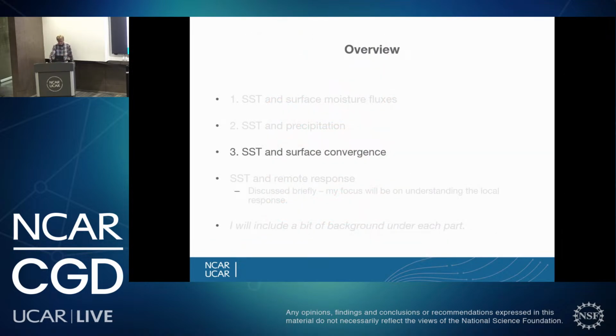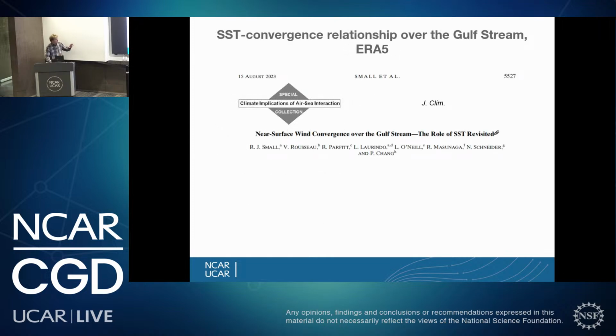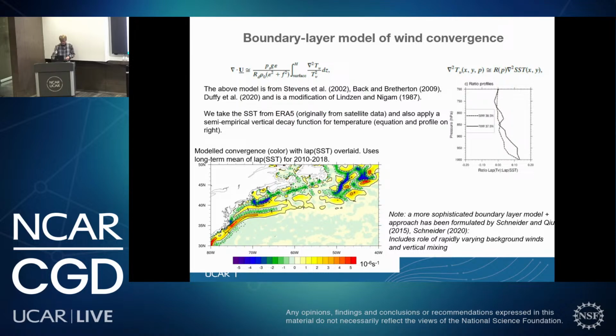And I should now speed up. I'll talk about SST and surface convergence, and then we'll go to the discussion. And some results from a recent paper where we revisited this question of does the near-surface wind convergence of the Gulf Stream relate to these boundary layer pressure gradients or not, or is it fronts in the atmosphere?